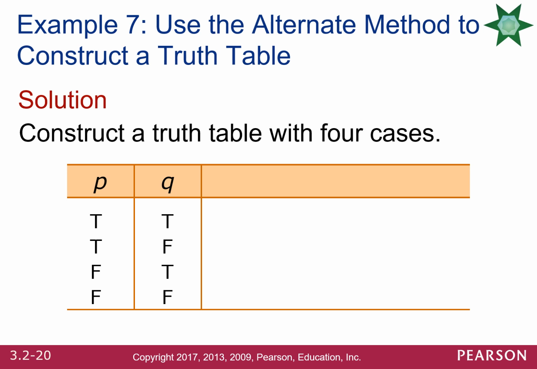So we will now look at the solution that they have provided to us. So in the first step, they write the P and the Q and all the cases that go with it. So construct a truth table with 4 cases. So the first 2 columns remain the same, which is list all your P cases and all your Q cases. But from the next column is where we'll do the work.